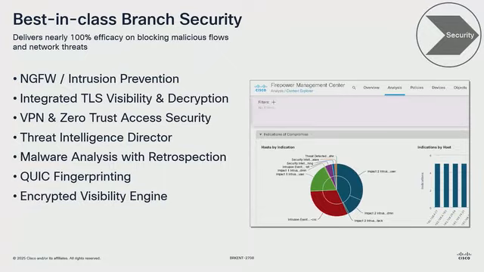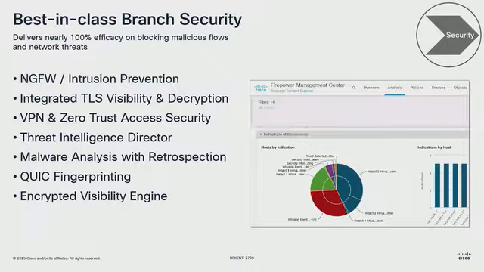All right. Now, for branch security and firewall, I think the broad set of capabilities is well known: NGFW, intrusion prevention, integrated TLS visibility and decryption. This is our number one platform for encrypted traffic inspection, and in my opinion, the number one platform even when you include all of our competitors.